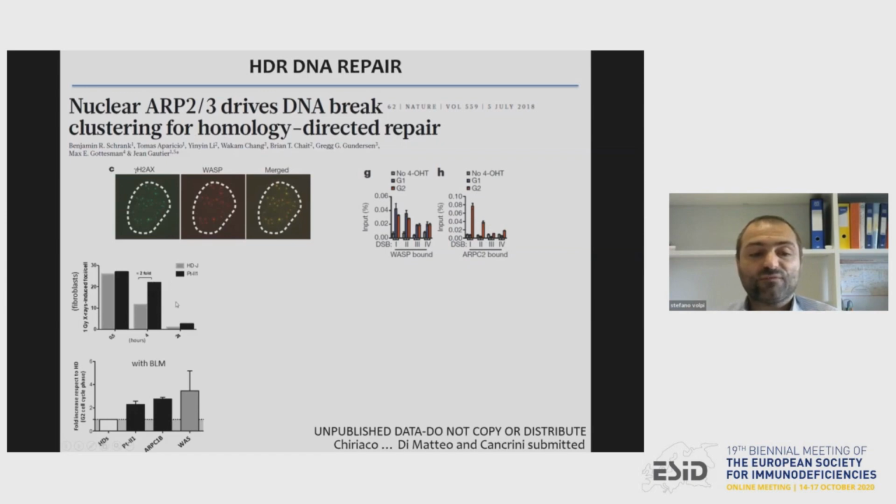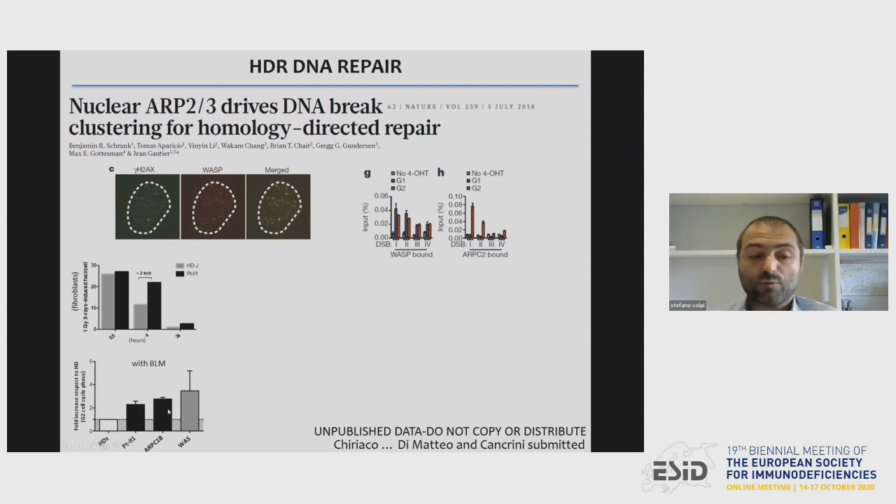This is upon irradiation of cells. Before the diagnosis, they had a patient with ARPC1B deficiency syndrome whom they followed for several years. Before the diagnosis of ARPC1B deficiency, the patient was tested for DNA damage susceptibility, and here you see in fibroblasts that there's an increase in gamma-H2AX foci upon irradiation in this patient compared to control, and this was true also in EBV LCLs.